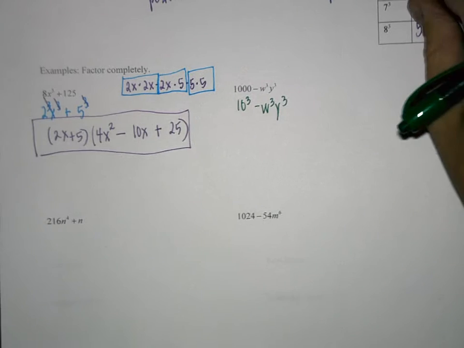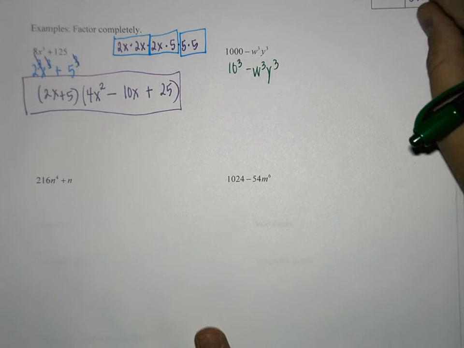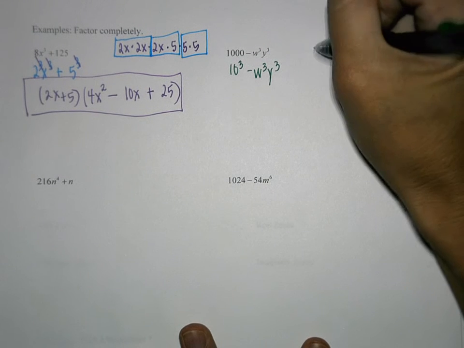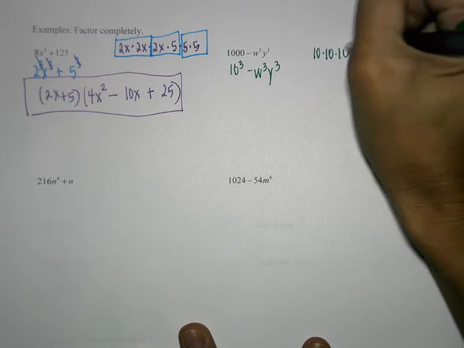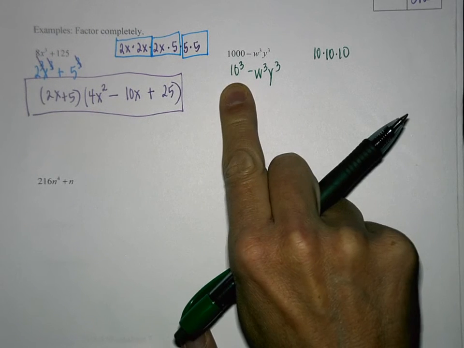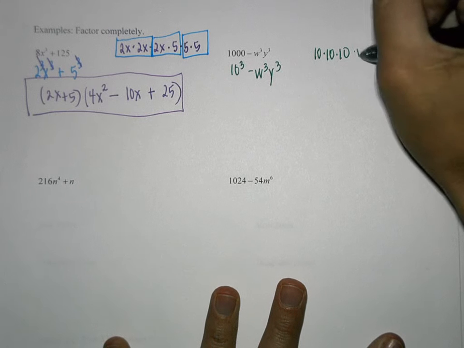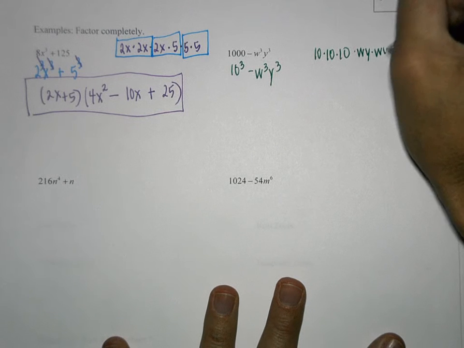So in terms of my multiplying this out, how am I going to write out these? Good. 10 times 10 times 10, because there were just 10s there. But on this one, we're going to write the two things together. And so how will I write that? wy, wy, wy.